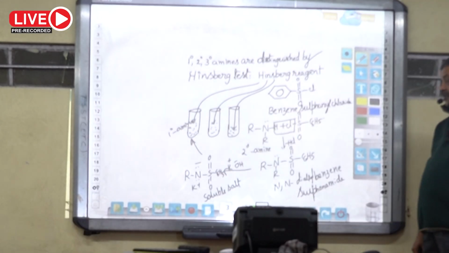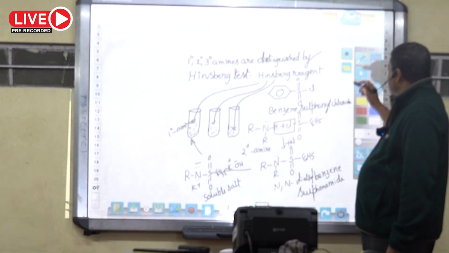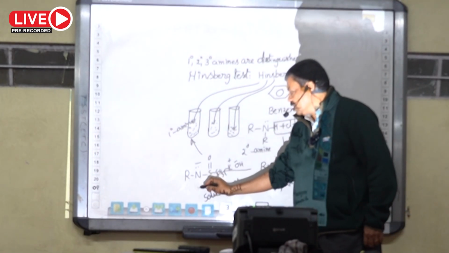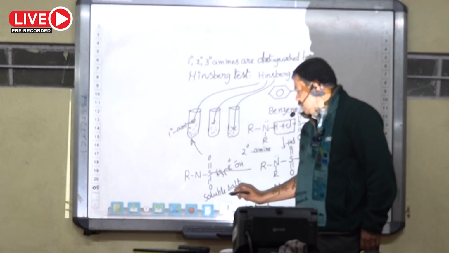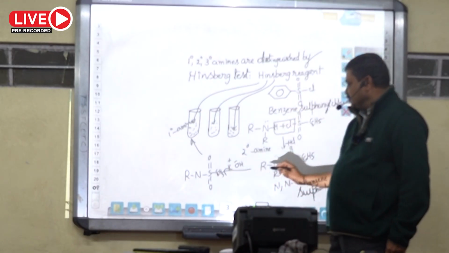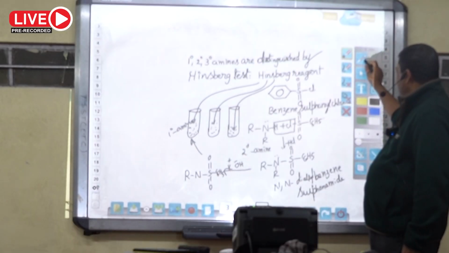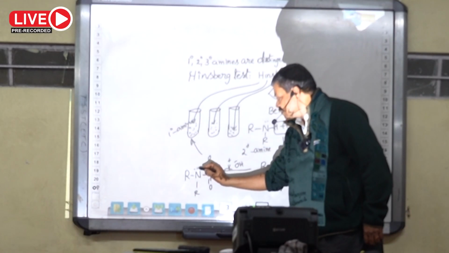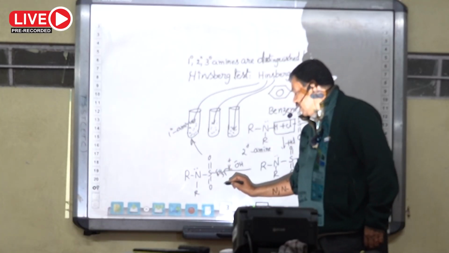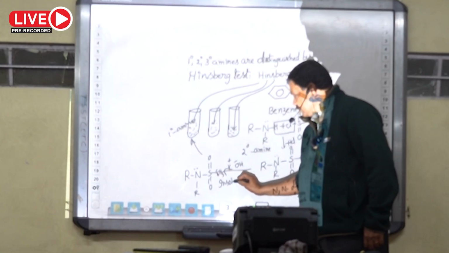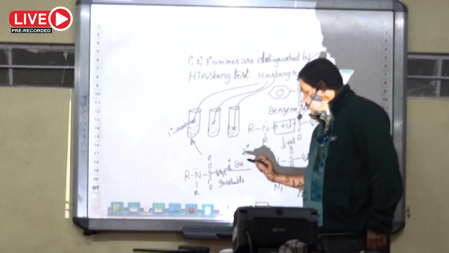If you treat with a base, because there is no replaceable H, there is no acidic hydrogen, it does not react, or is insoluble. Same compound you will get there.